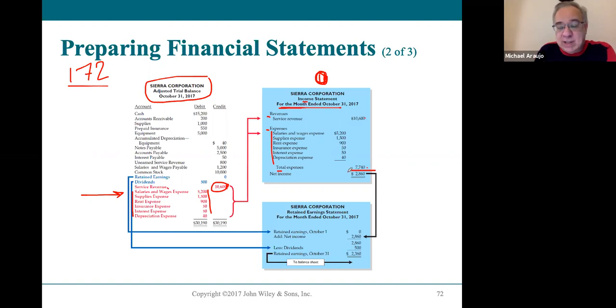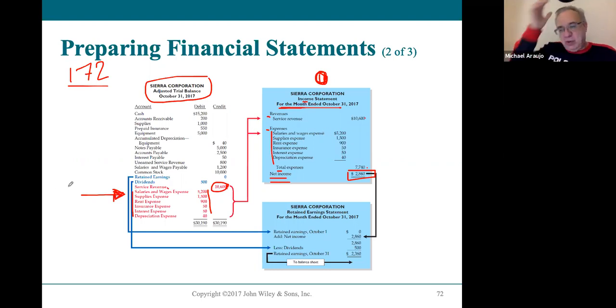So that's good news, because that usually means we have a profit. And indeed we do. We have net income of 2860. But just notice how all of these numbers on the income statement come from the adjusted trial balance, every single one. This is where we get the numbers to make the statements.